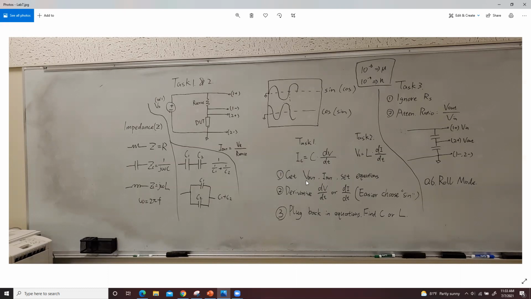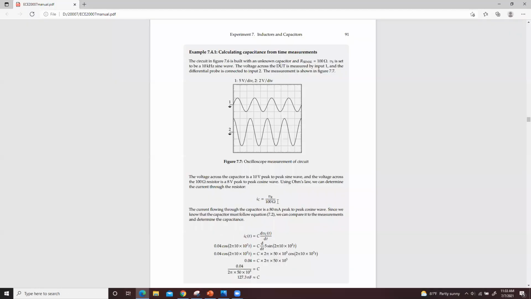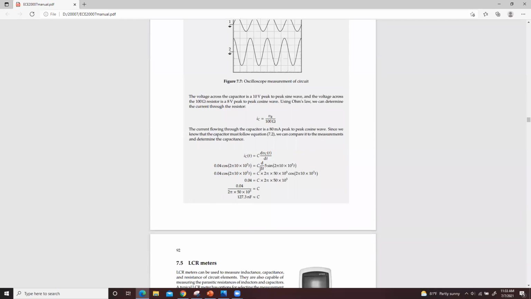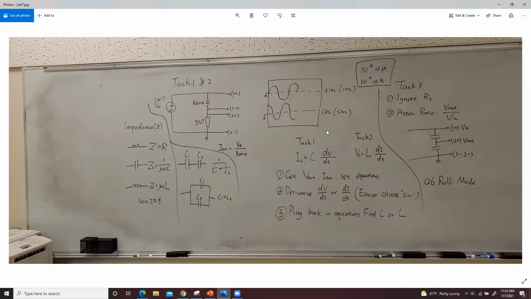Remember, the voltage and current will be sine wave functions, similar to what you did in the pre-lab and in this example. And remember, you get the current by dividing the voltage across the resistor by the resistance. That will be the current across the capacitor or inductor.